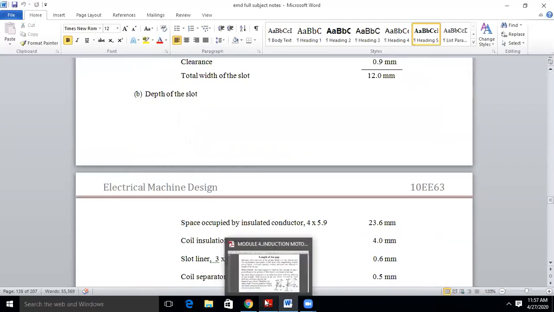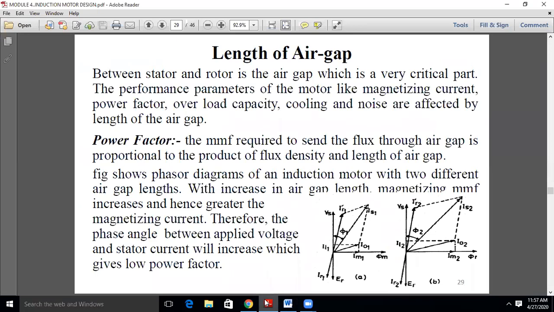Now we will discuss the main topic, that is length of air gap. We need to select the air gap length in such a way that it should not affect the overall dimensions of the induction motor.